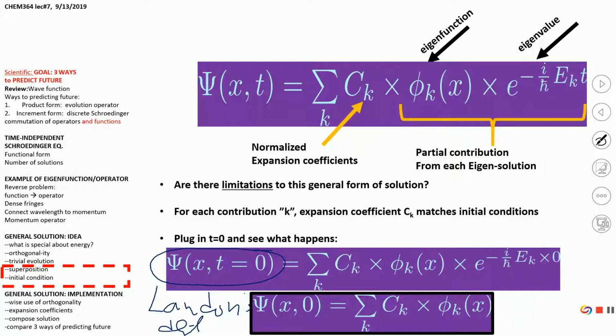And then we do have an equation. So the wave function in the past is equal to a summation of all solutions of the time-independent Schrödinger equation times unknown coefficients. So if we can solve this equation for C sub k values, and we can call them expansion coefficients.